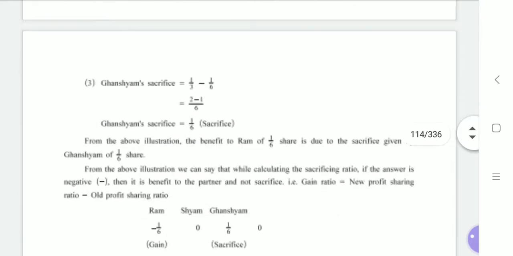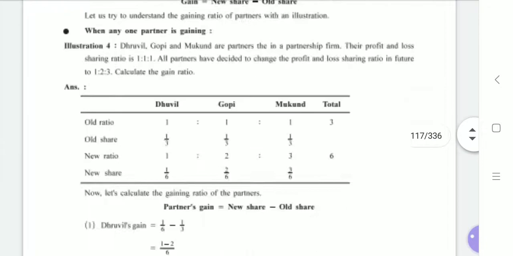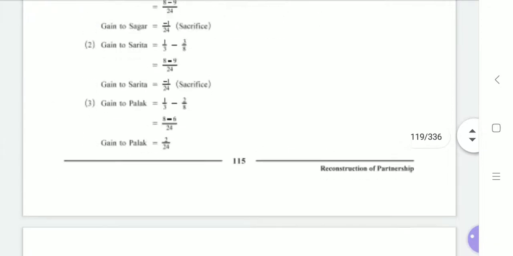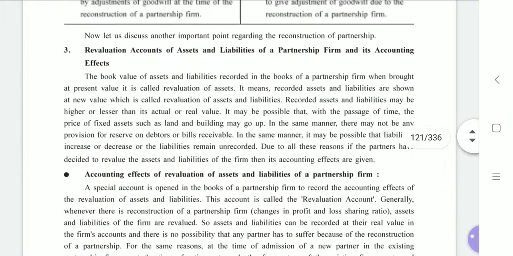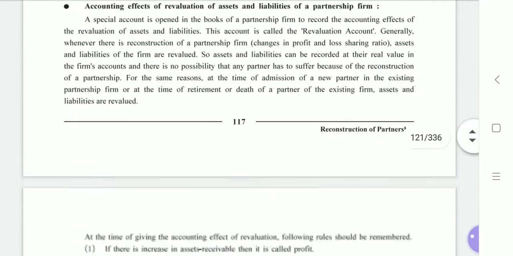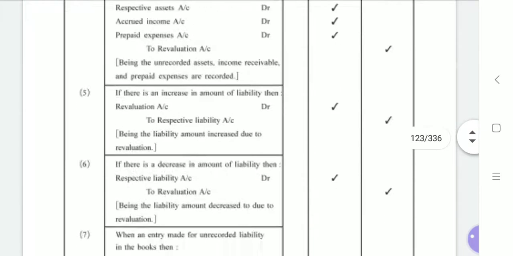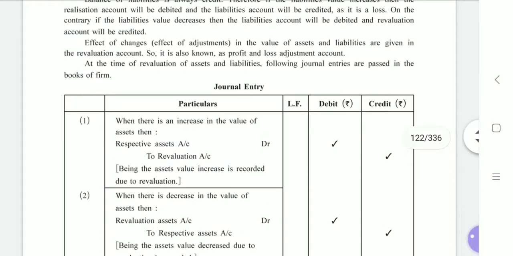Further, this chapter also explains us regarding revaluation of assets and liabilities. Now, what is revaluation? Revaluation of assets and liabilities is the new value of the assets and liabilities. We have learned about the different journal entries in consideration with the same.